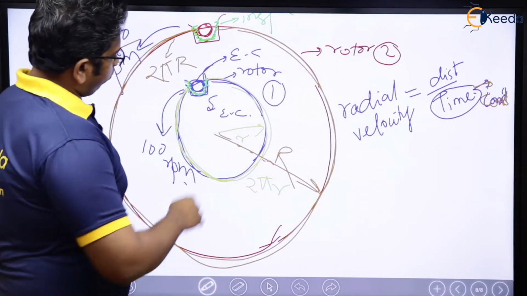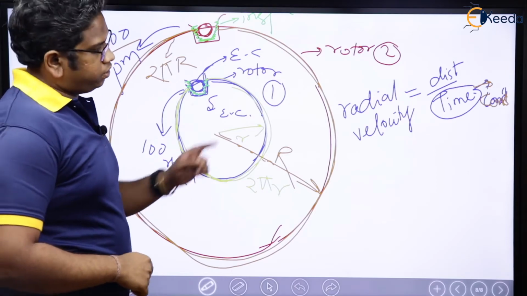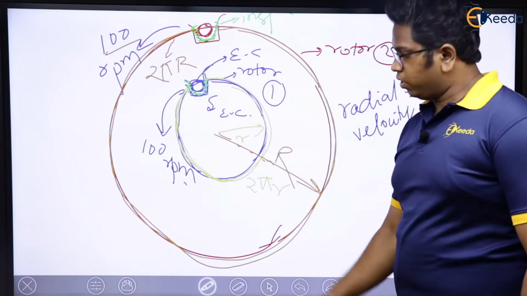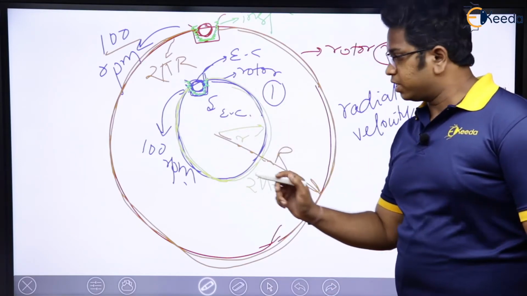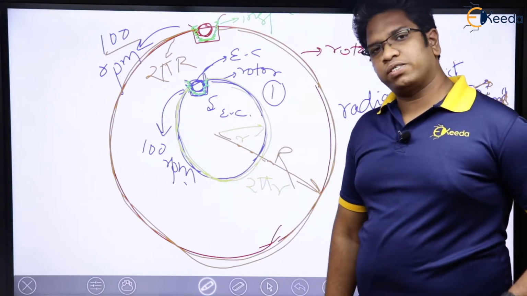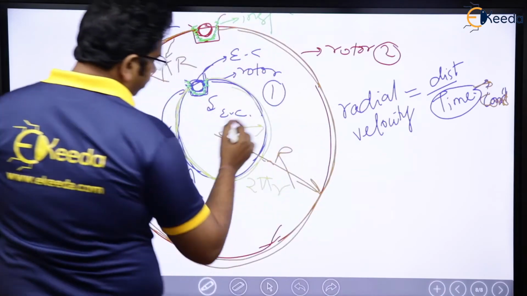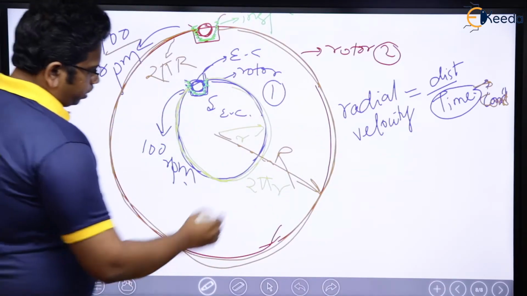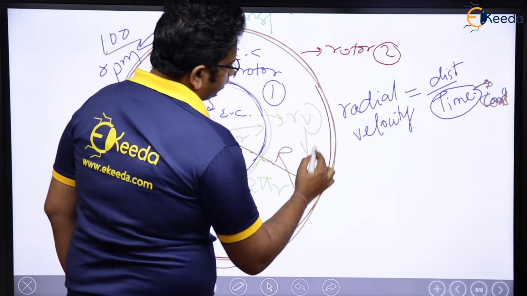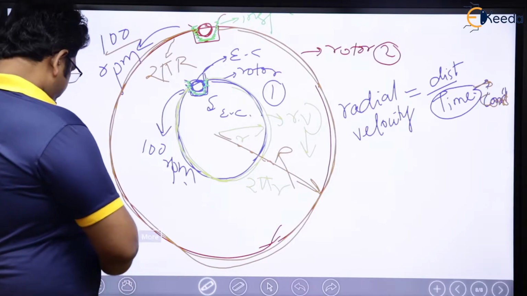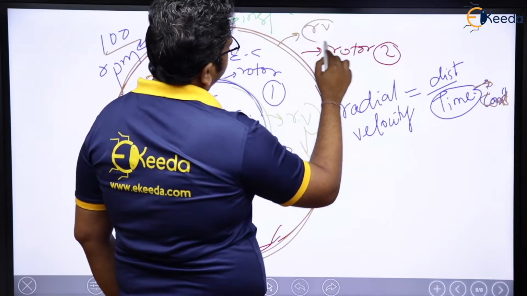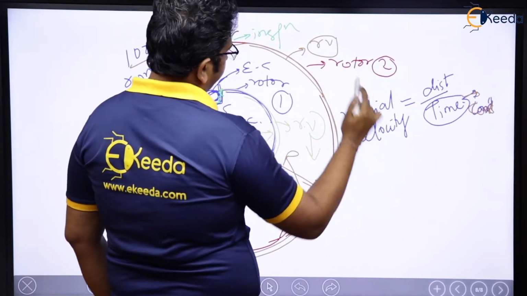Then distance: for this first one, distance is less and the circumference is less. The moment the circumference is less, radial velocity is less. So for this one, radial velocity RV is less, whereas for this one, radial velocity is more.